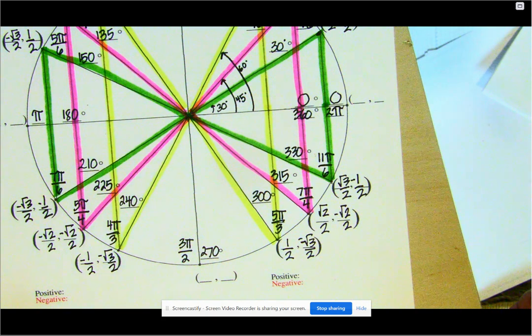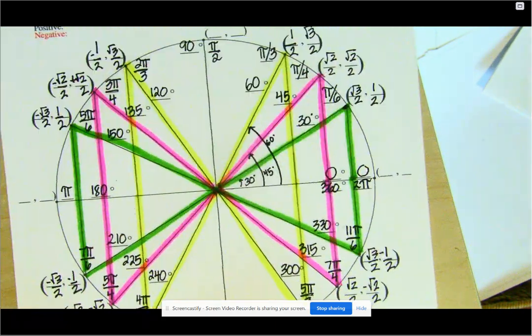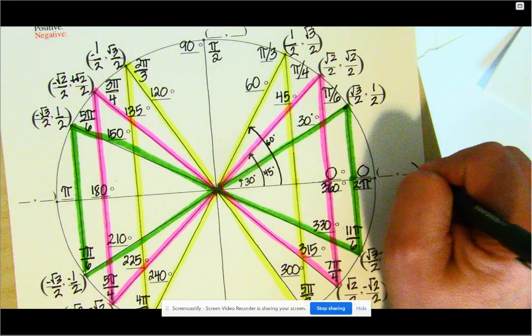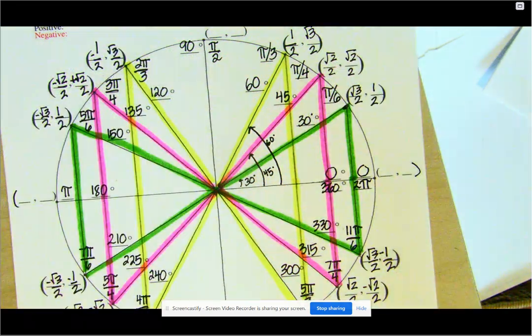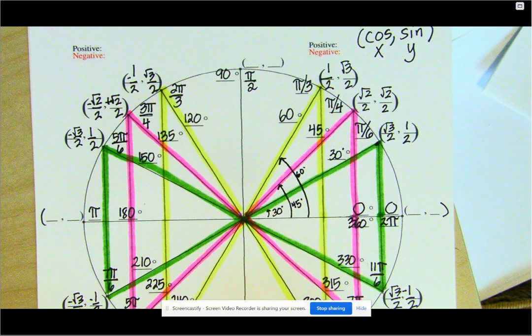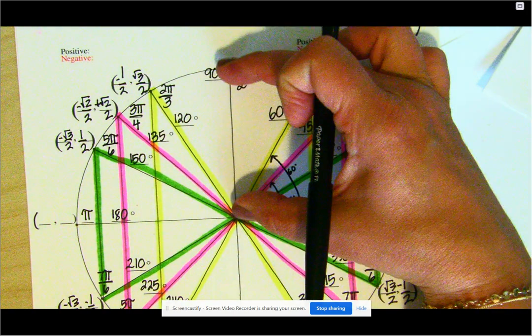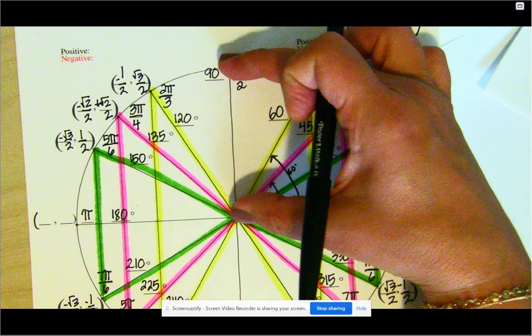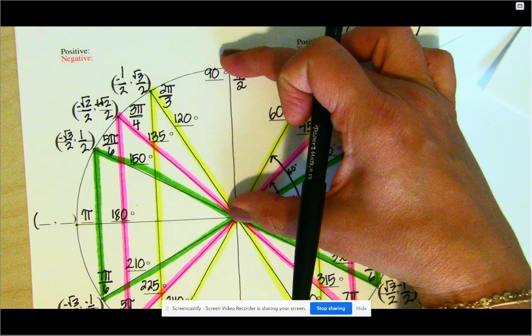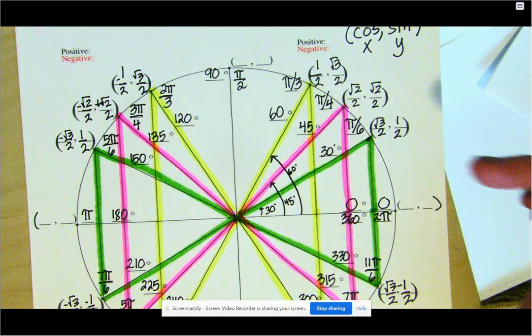Okay. So now the only coordinates we haven't filled in are these over here at 0, 90, 180. And it might seem odd because there's no triangle, correct? But this is the radius, right? And the radius on the unit circle is 1. So let's just start right here.